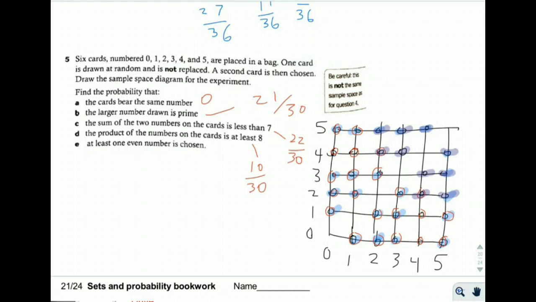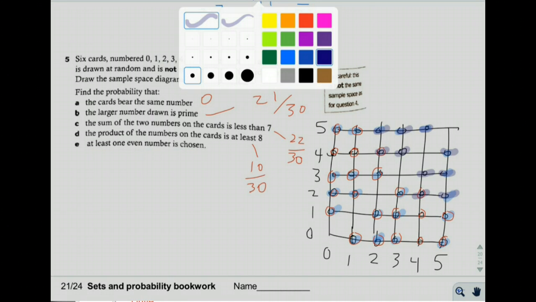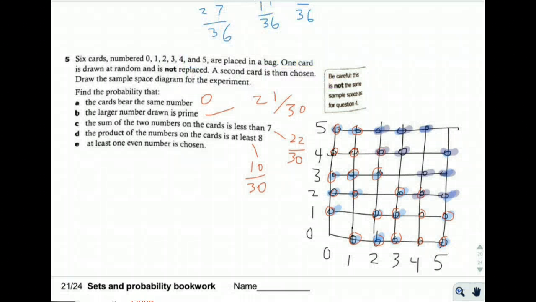What is the chance that at least one even number is chosen? So that would be at least, but that's not going to happen. So it would be 2 and 0, 4 and 0, 2 and 1. Actually, all these are fine. Anything with 0 is fine. Anything with 2 is fine.